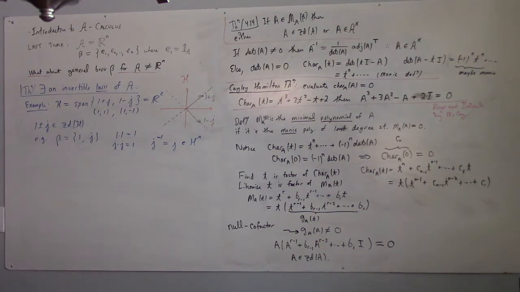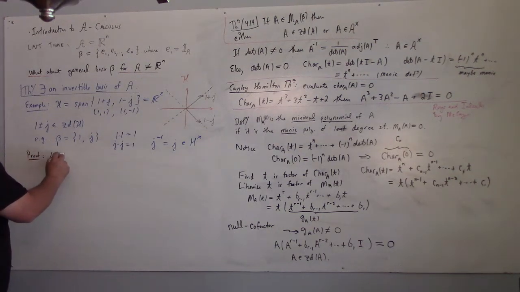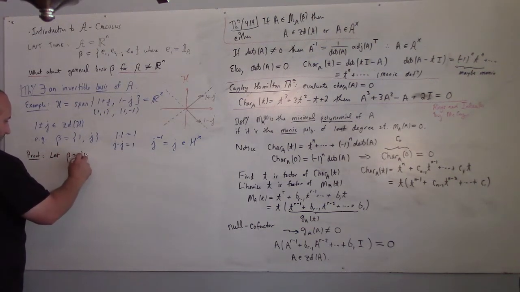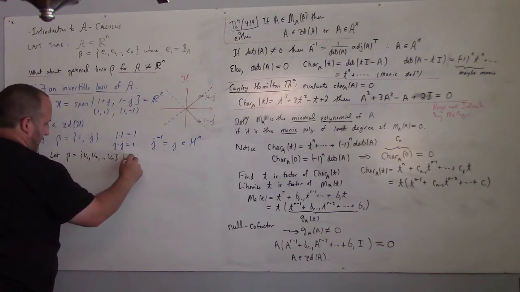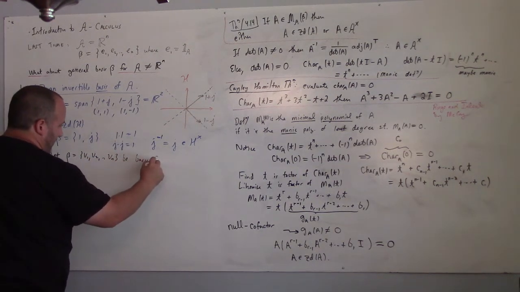So, you take a basis. To prove that there exists an invertible basis, take a basis. The proof goes something like this. Let beta be v1, v2, ..., vn, a basis.